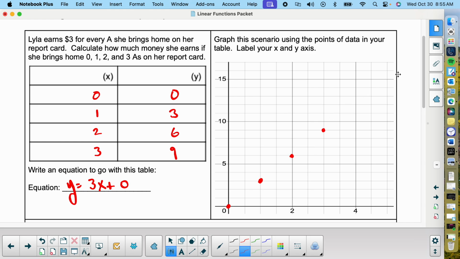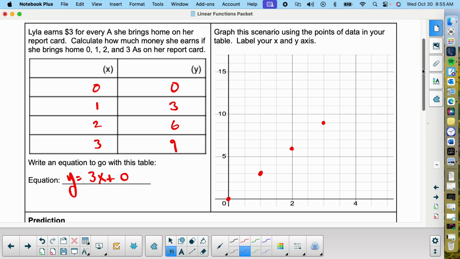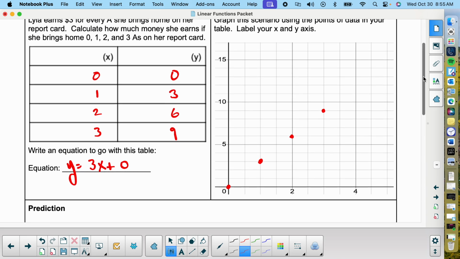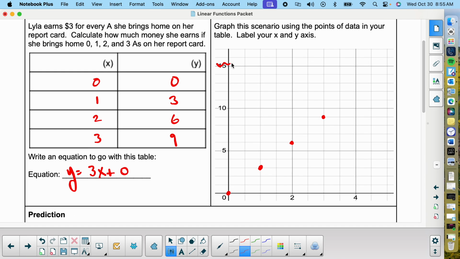Okay. And then the question below is probably about past 3. How many A's did Lila bring home if she earned $15? Oh. So what I'm going to do is I'm going to look at a height of 15 and figure out where these dots would hit it if I kept going with the same pattern.